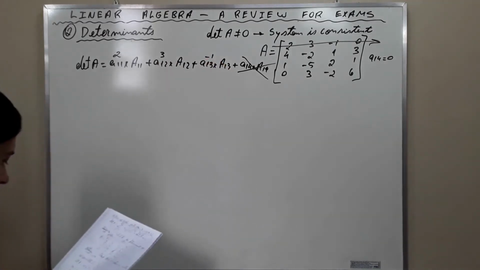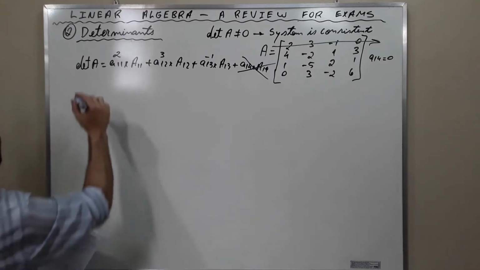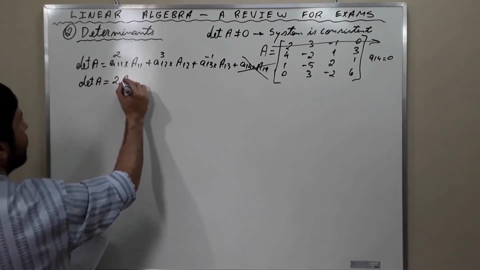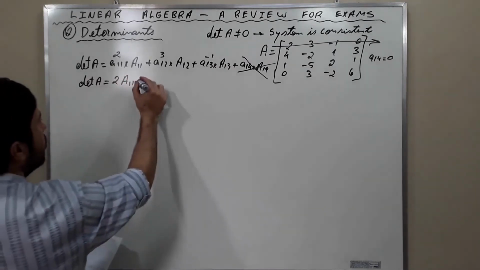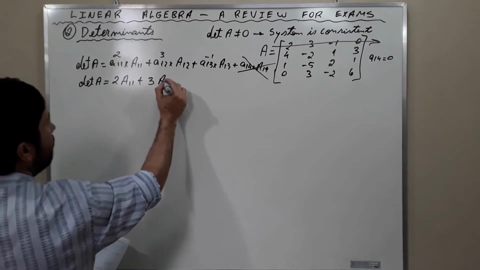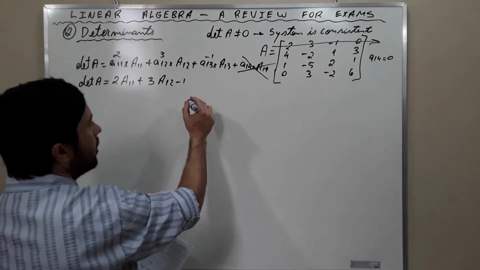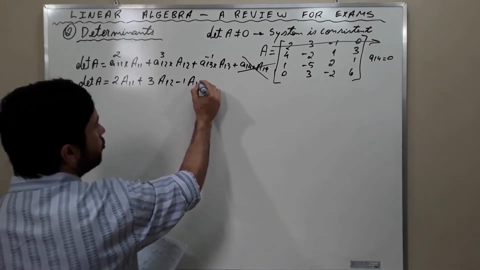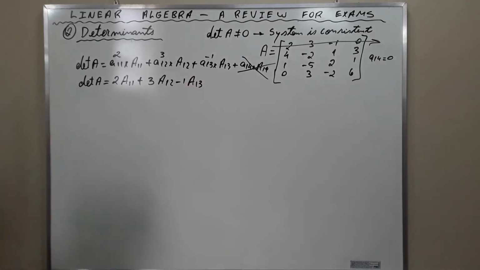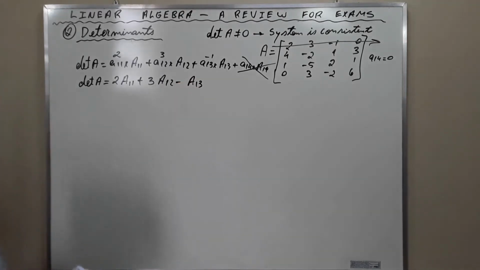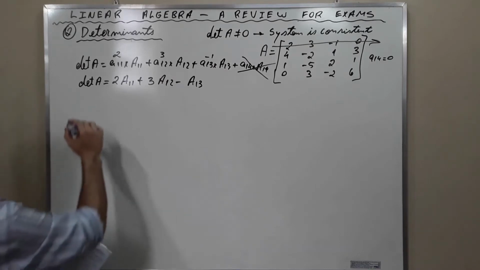Then the determinant of this matrix is going to be 2 times the cofactor A11 plus 3 times the cofactor A12 minus 1 times the cofactor A13. We can erase this one and simply leave the negative sign. Alright, so let's calculate the cofactors.